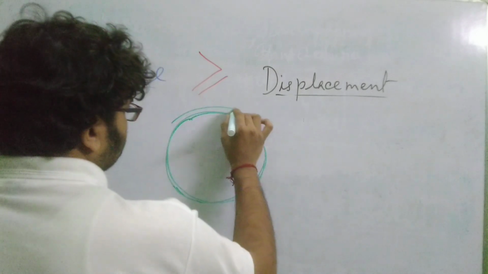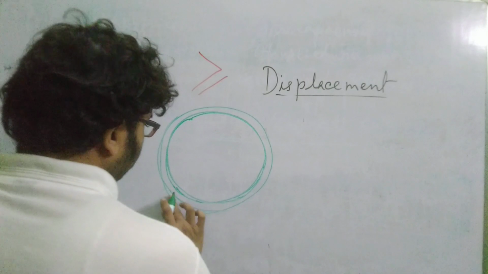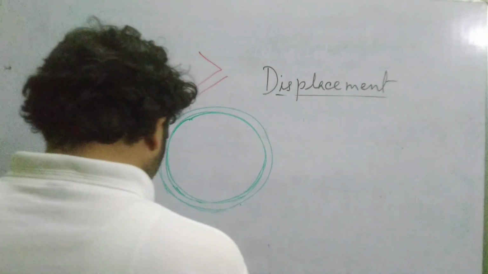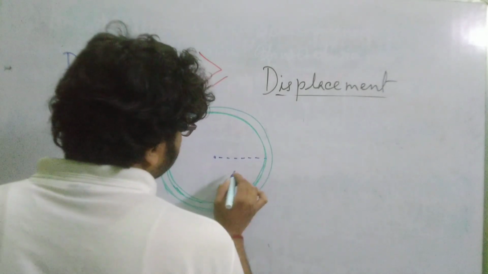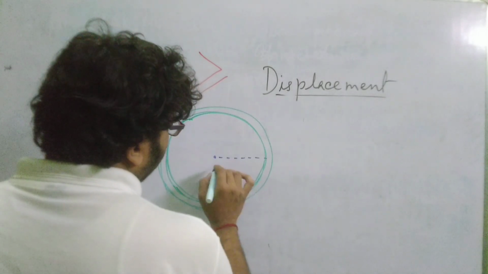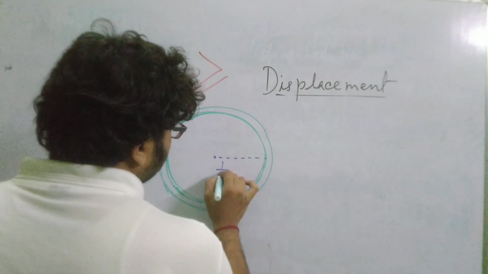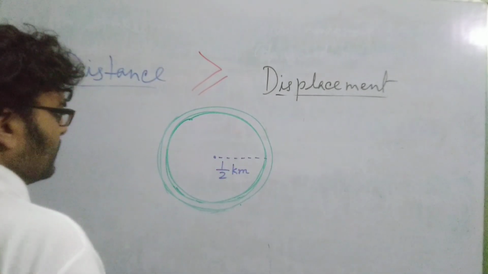Let me draw it first, then I will discuss it. This circular track has a radius of, say, half a kilometer. So this track has a radius of half a kilometer.